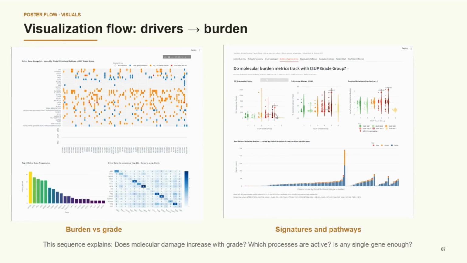The first one is a plot which helps us identify the range of the data for each ISUP grade. The same for the percent genome altered and the tumor mutational burden. Here we've also got per-patient mutational burden, which helps us visualize the counts for each of the patients of each of the mutational burdens.